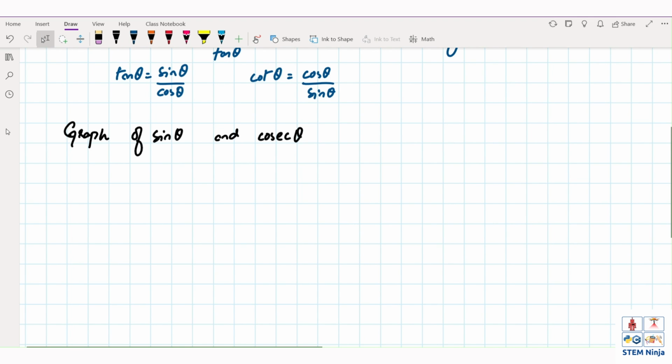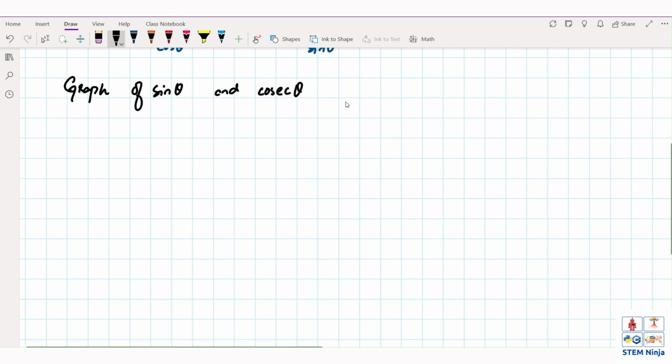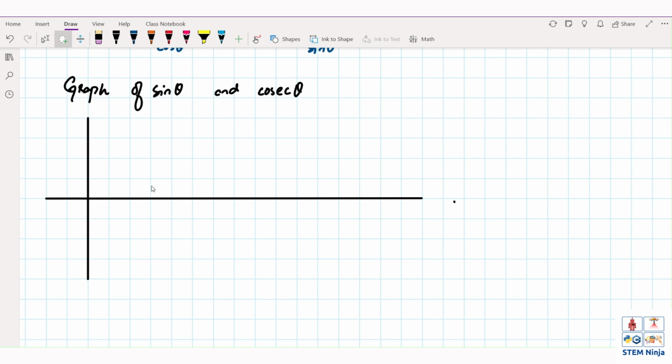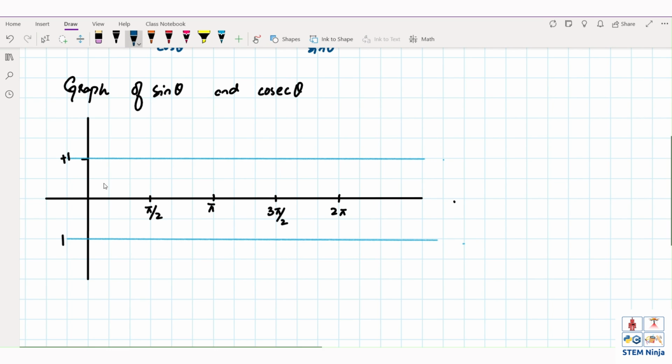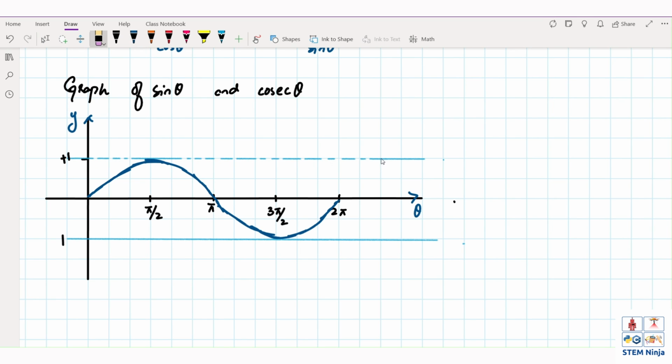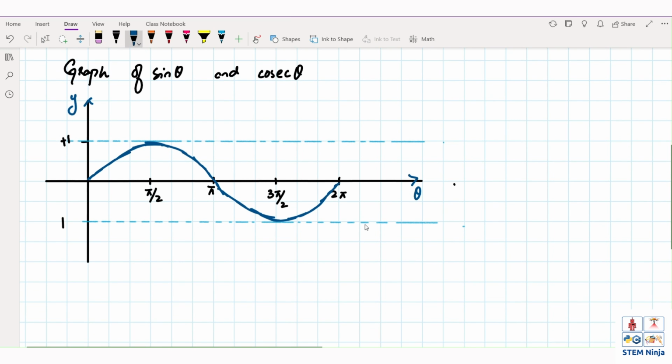So I'm going to draw very quickly the sine theta, and then we're going to discuss the cosecant theta. Right, so this is the sine theta graph.